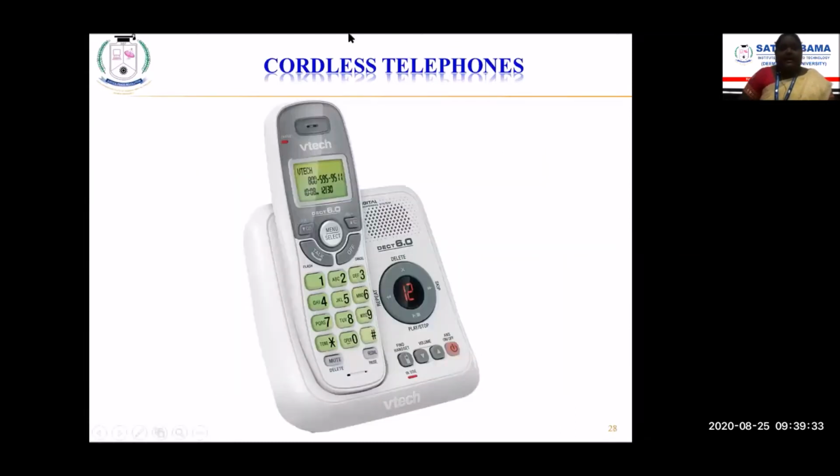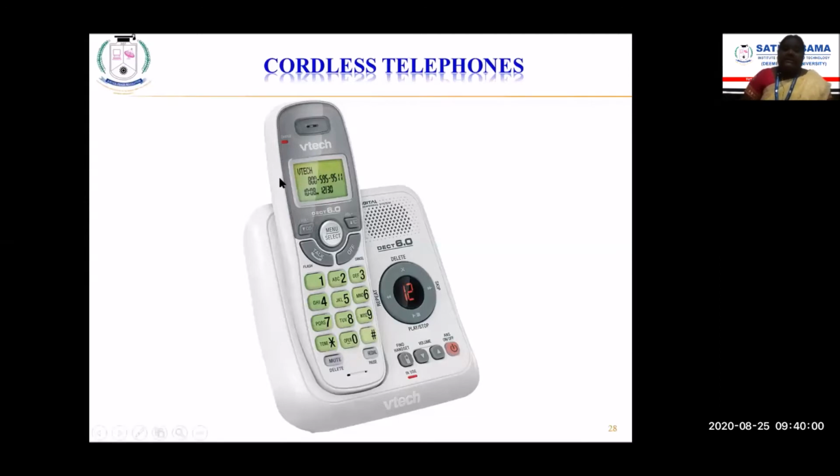And this is the pictorial representation of a simple cordless telephone. This is the base unit and this is the portable unit. Okay, so we'll be placing the portable unit over the base unit for charging purposes. So this is how we make use of it. This is the dialing system, and this is the LCD screen which we'll be using for looking at the number that is being dialed, or the caller identification.